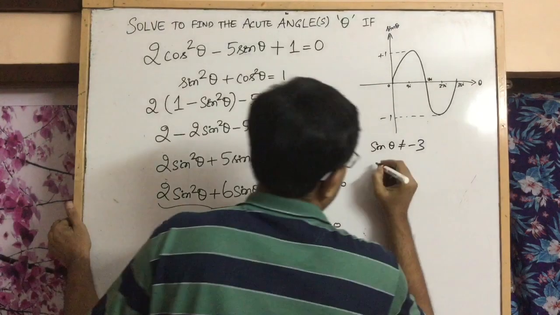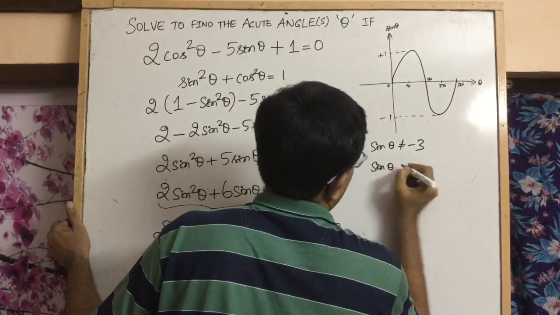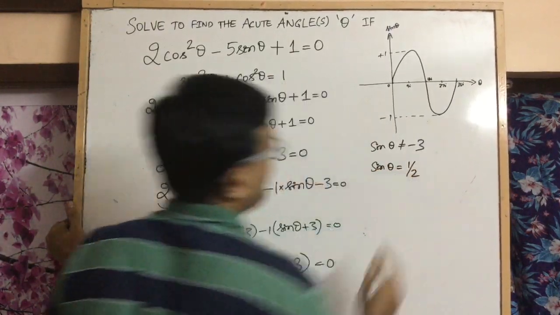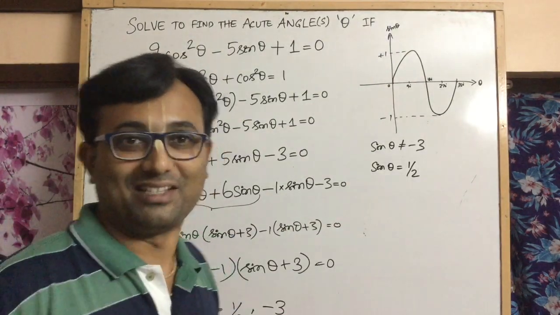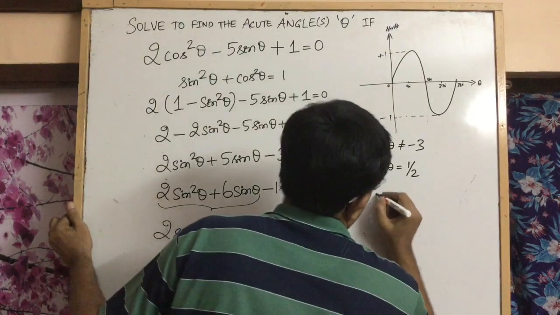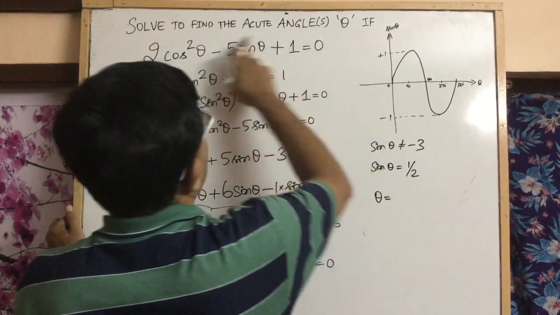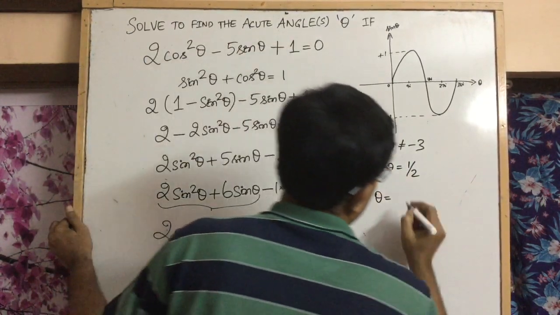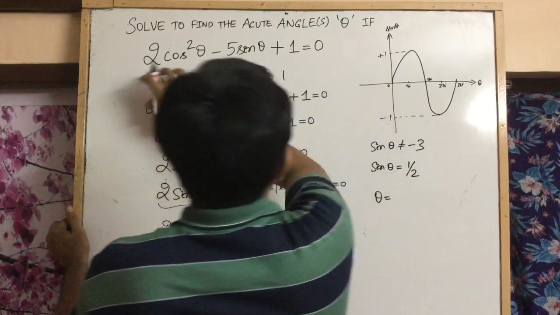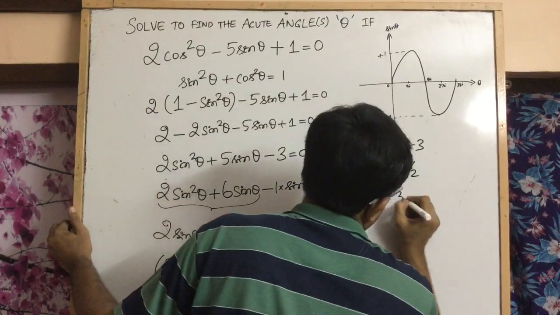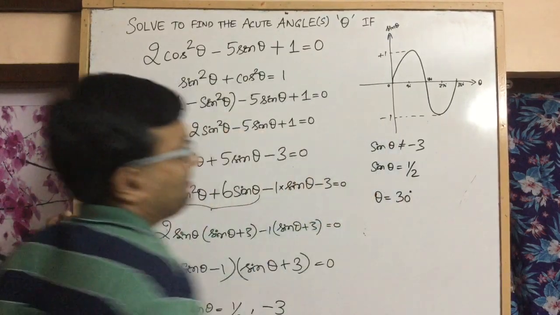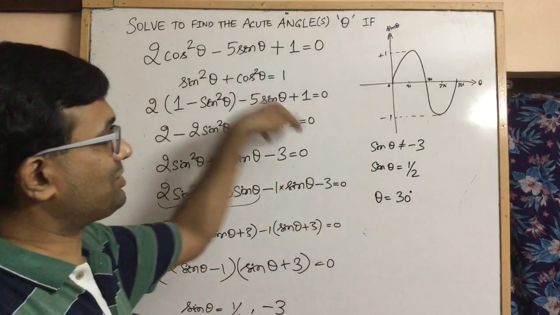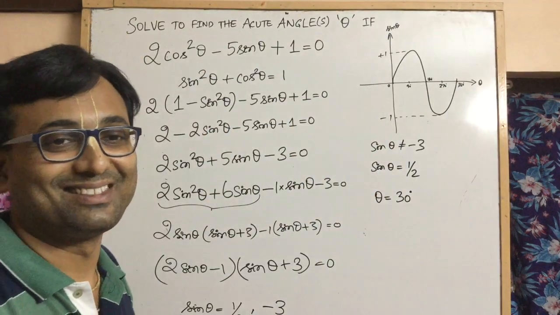So the only possibility is sin theta is equal to half, and this is pretty clear. Sin 30 degrees is half. So the acute angle, because the question is asking us to find the acute angle or angles that satisfy this condition, theta is equal to 30 degrees, is the only acute angle that's going to satisfy this condition, right?